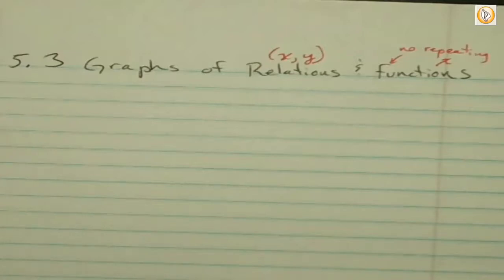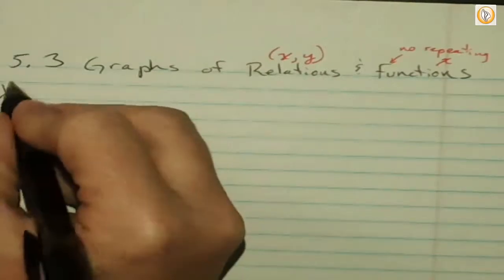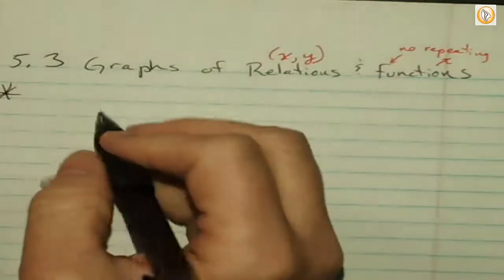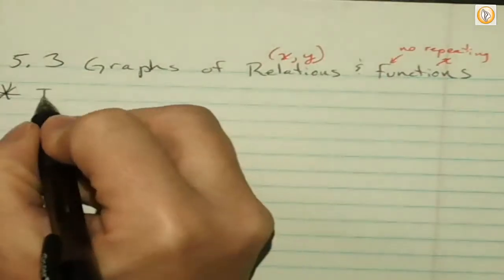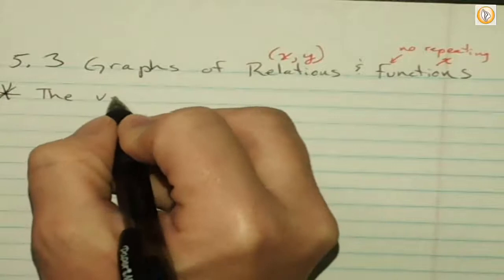All right, so the first thing, what we're doing is everything that you've learned, we're now actually graphing these things. So the first thing I'm going to teach you is the vertical line test.